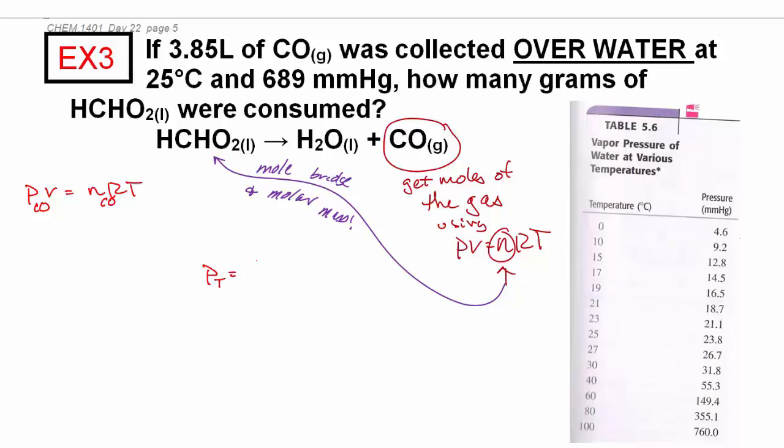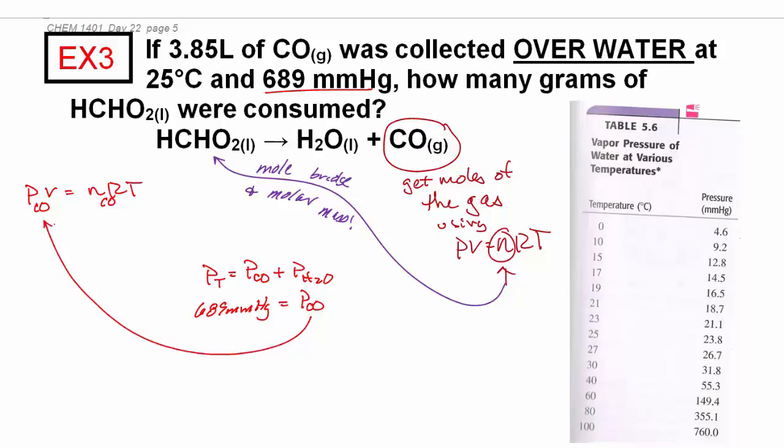My total pressure has to be the pressure of that carbon monoxide plus the pressure of the water. My total pressure was 689 millimeters of mercury. I need to get that pressure of carbon monoxide so I can plug it into the ideal gas law.